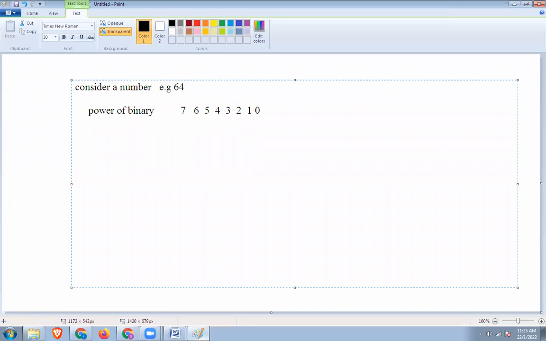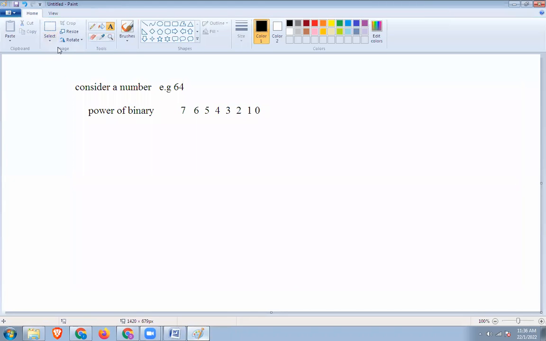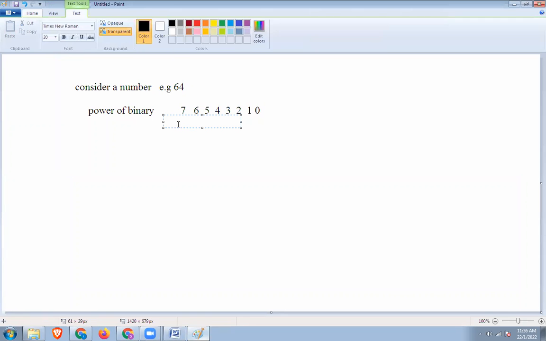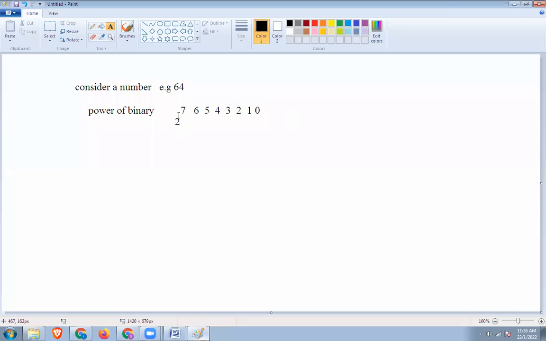Okay, so this total 8 bits I have written here. Okay, so here 2 raised to, okay, so that's why 2 raised to all these bits. Okay, so that's why 2 raised to 7, 2 raised to 6, 2 raised to 5, 2 raised to 4.